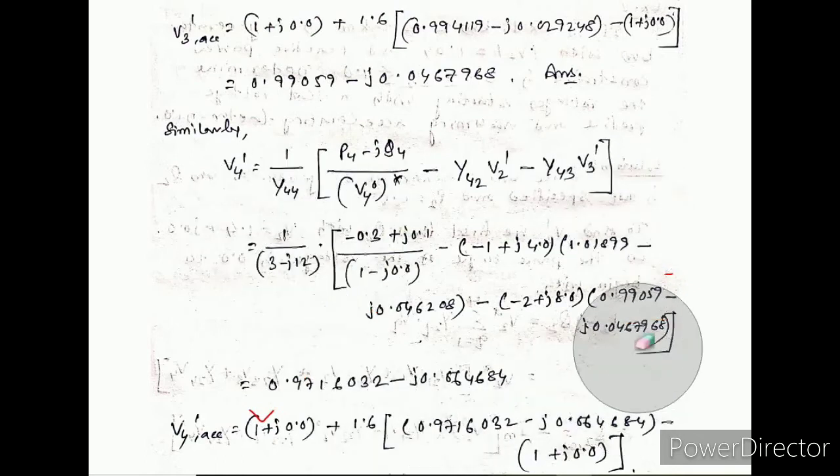You can see we have put all the values here as per V3 accelerated. We have used the V3 accelerated equation here, and you will get the V3 accelerated value, that is 0.99059 minus j0.0467968.